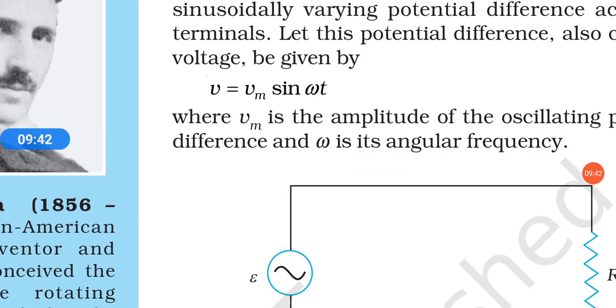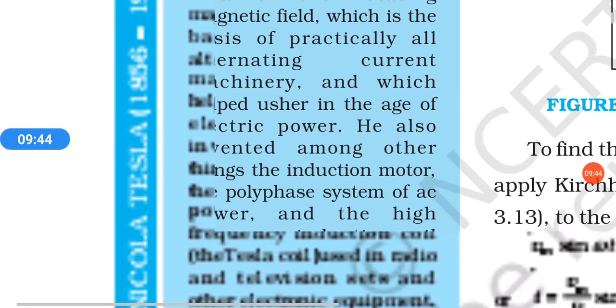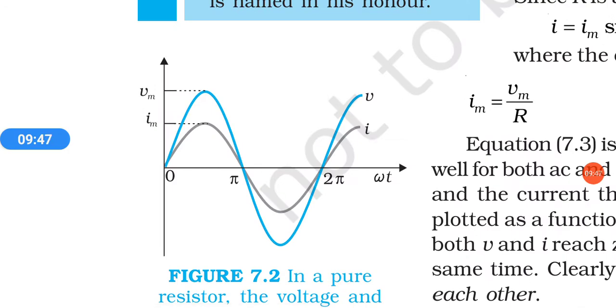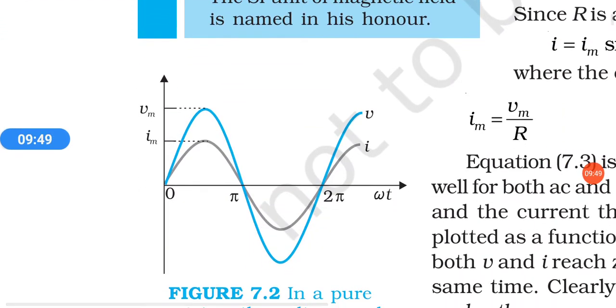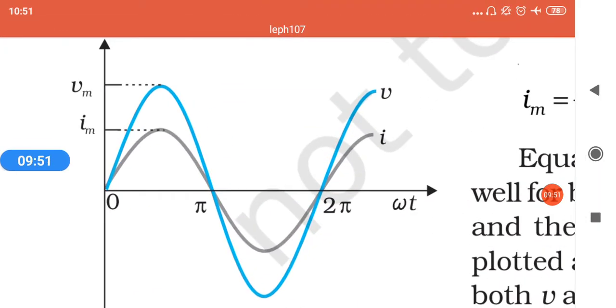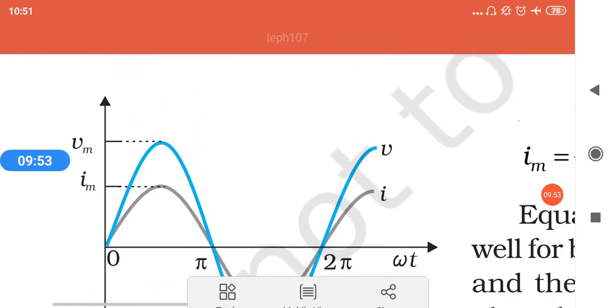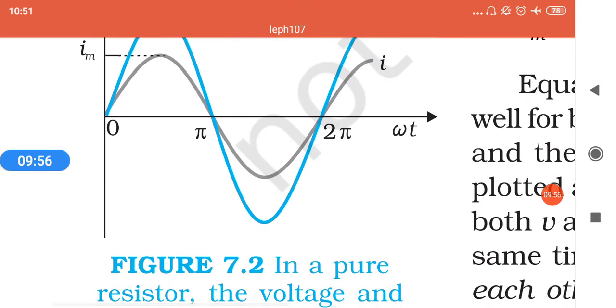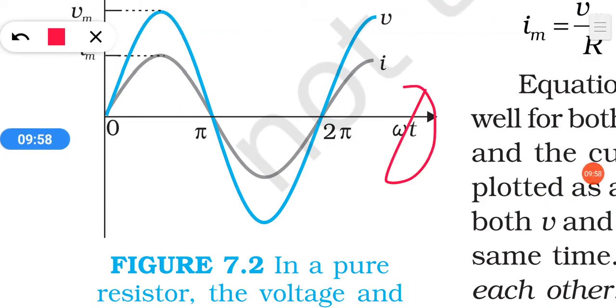This sine omega t gives us the phase. It changes with respect to 0, pi and 2 pi, and it varies with the sine and cosine trigonometric terms.